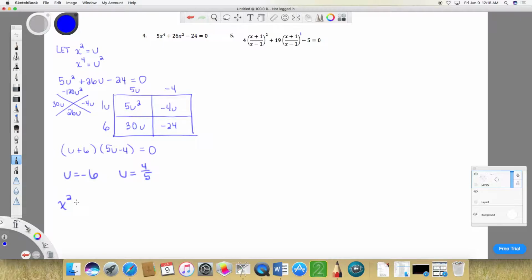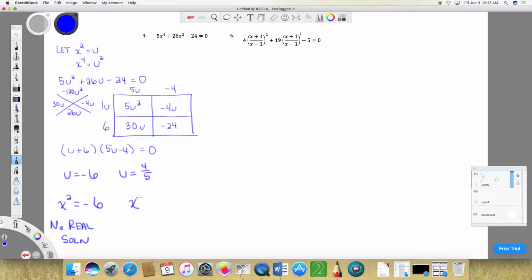And x squared is never going to equal negative 6, not within the set of real numbers. So this has no real solution. It does have what we refer to as complex solutions using the imaginary unit i, but we're going to look at that in a later skill packet.